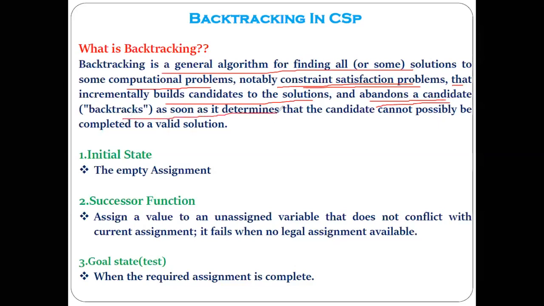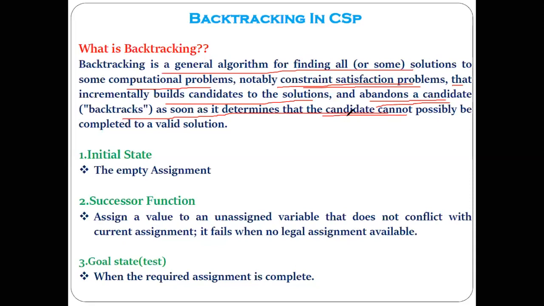And we backtrack. When we see that at a certain point our constraints are not getting satisfied, at that point we backtrack. You got the point?